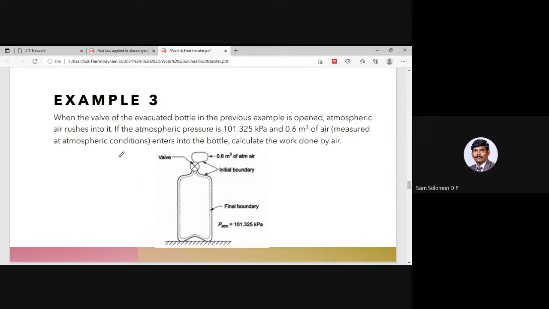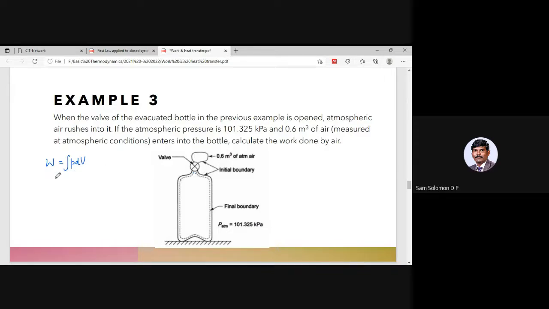In this case, there are two components. If you take the work done, because it is a closed system, the one that is in connection is the bottle and the balloon. Whatever air is inside the balloon is going to enter into the bottle, and none of the air inside this balloon is going to go into the atmosphere or anywhere else.